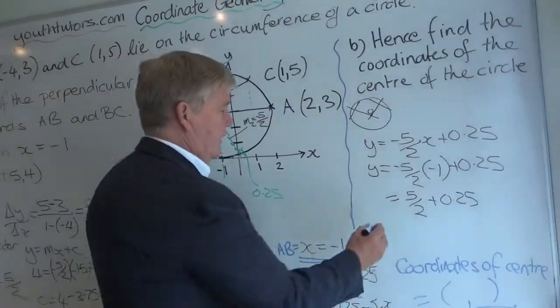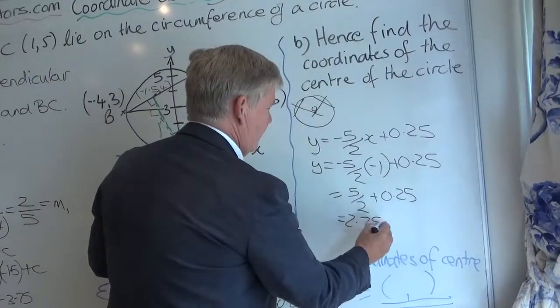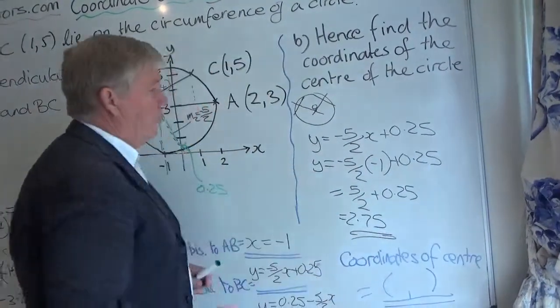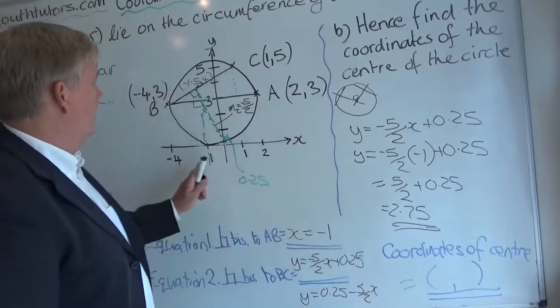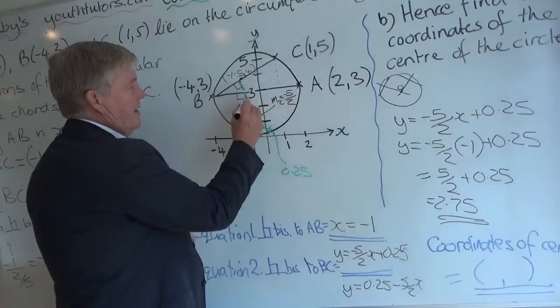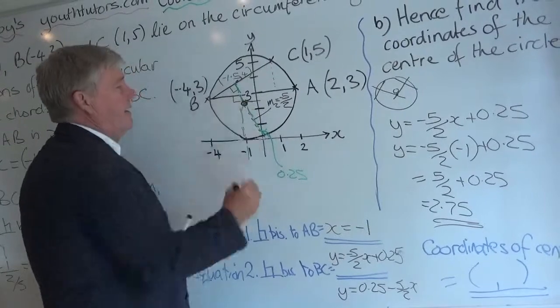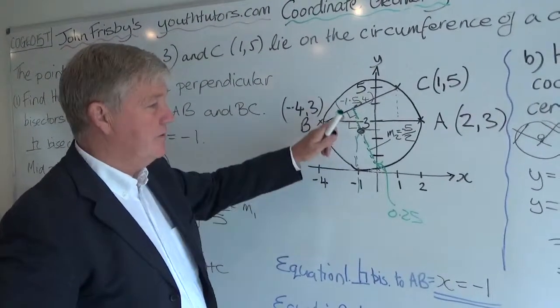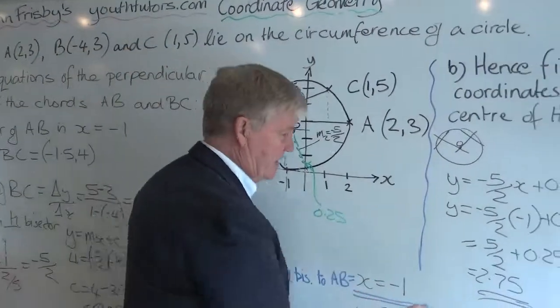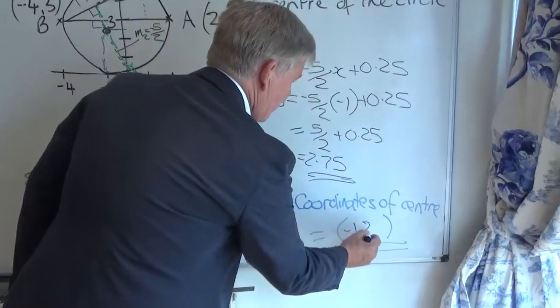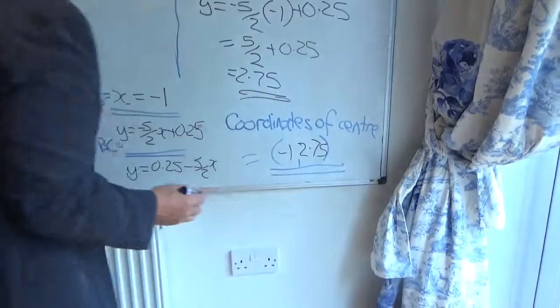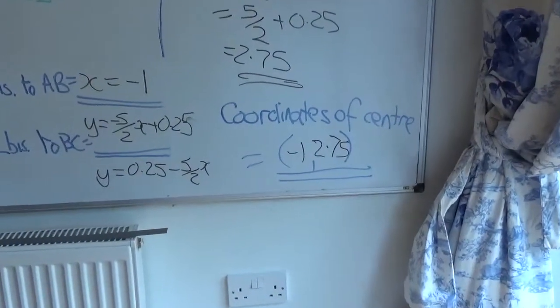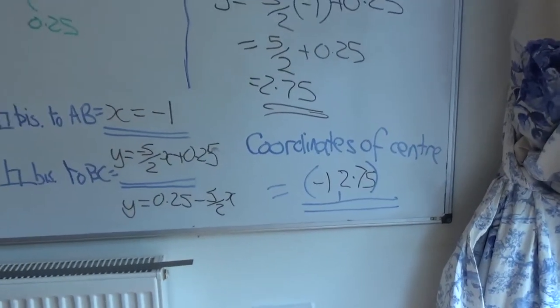That's 2.5 plus 0.25 equals 2.75. That will be our y coordinate for the centre of the circle, and it will lie on the x equals -1 line. So the coordinates of the centre would be (-1, 2.75). I think that's a fairly tricky question.